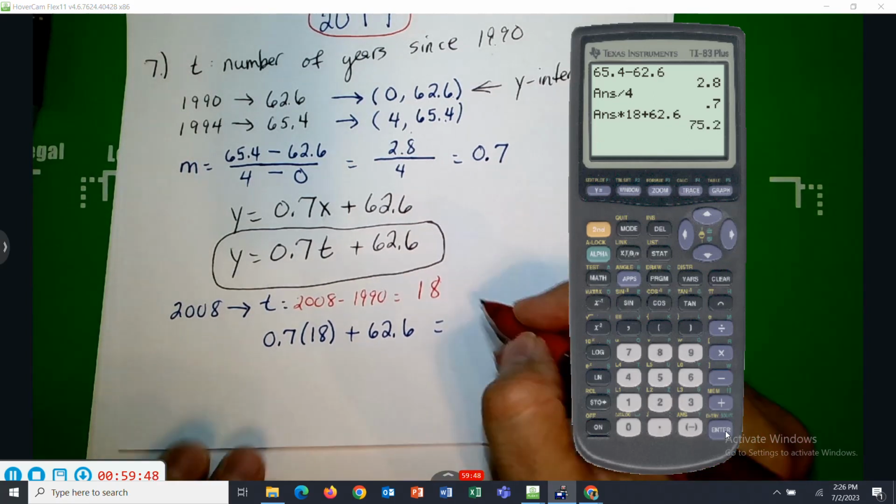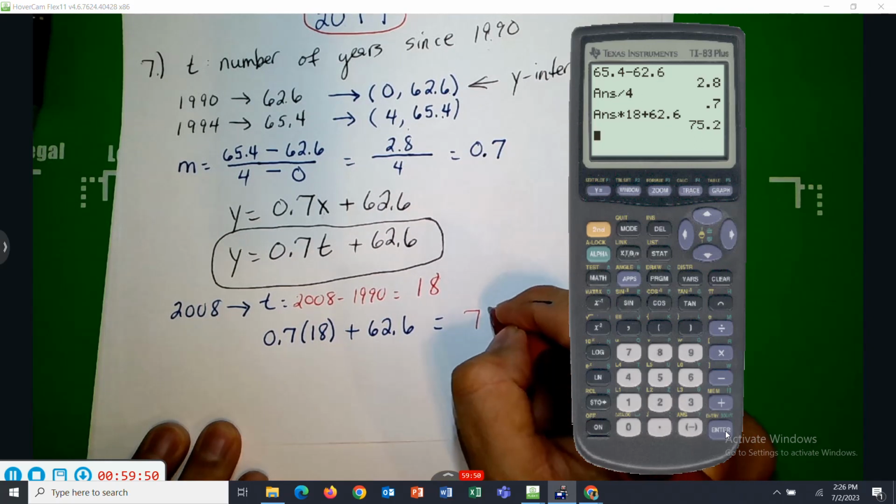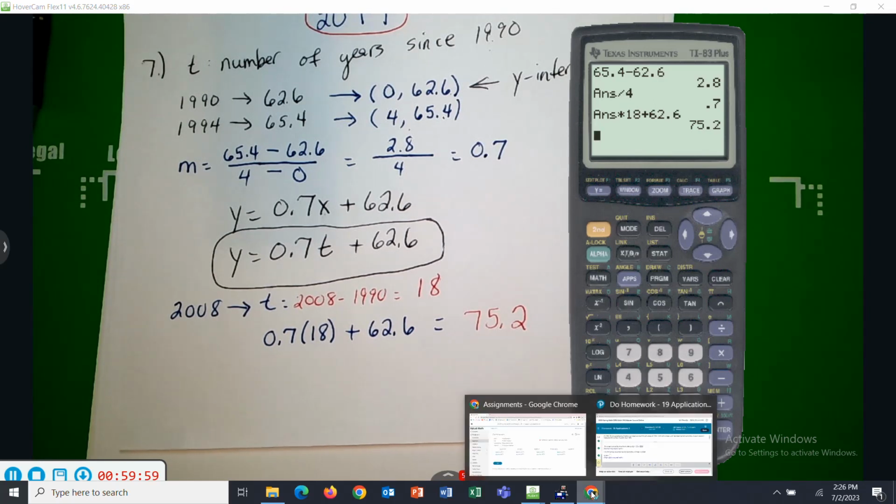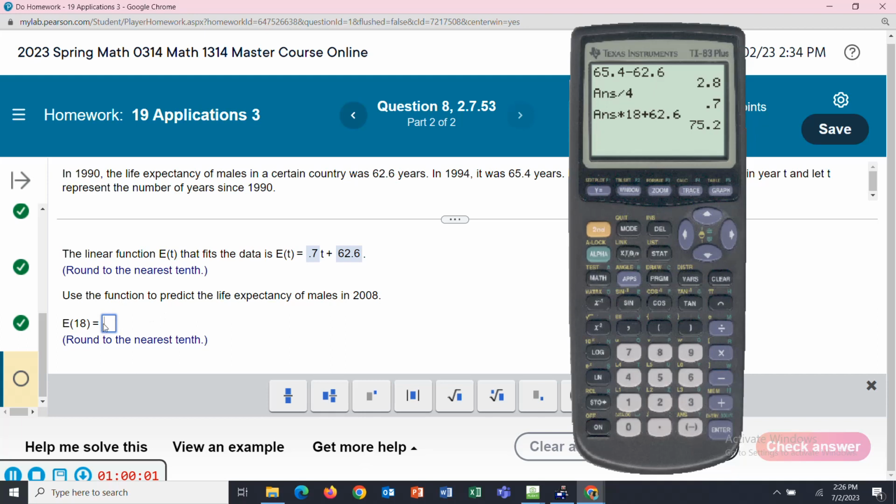So in the year 2008, life expectancy is 75.2. Notice it says round to the nearest tenth, and that's the nearest tenth.